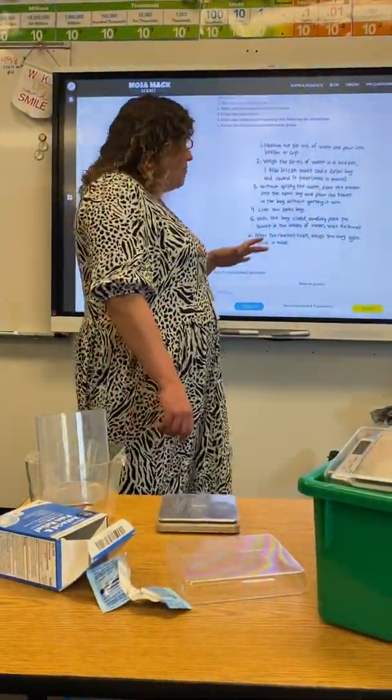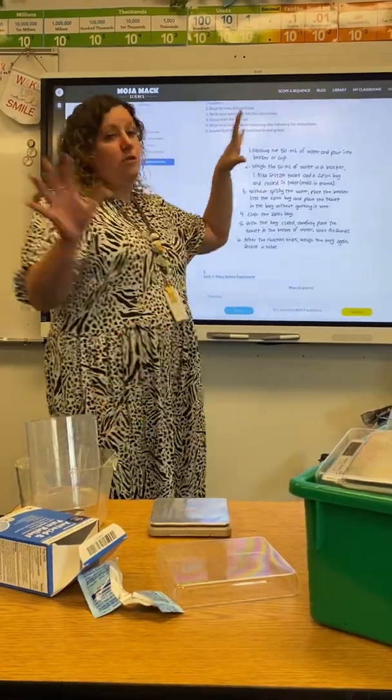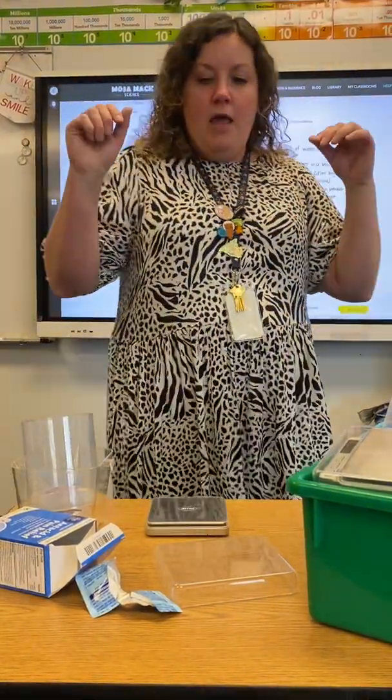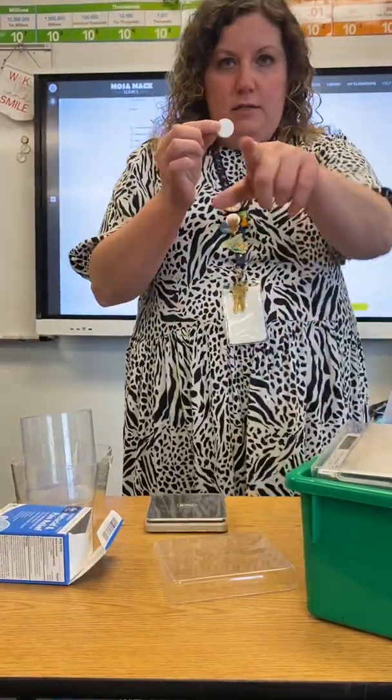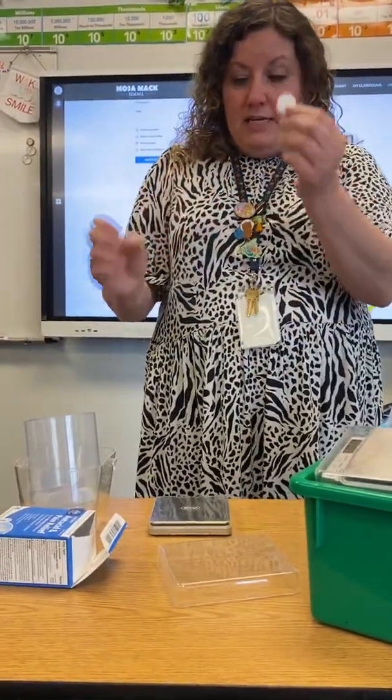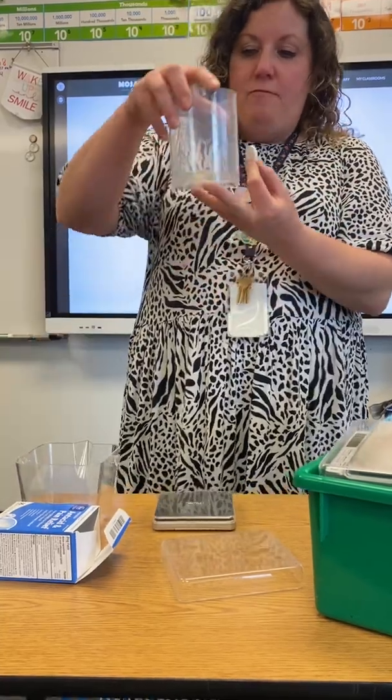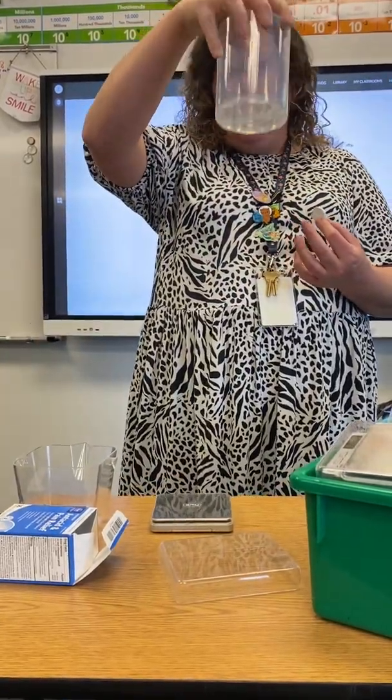So the first thing we have to do, now this is the question. If I have an antacid tablet, you can see all of me? An antacid tablet, and I've measured out 50 milliliters of water.